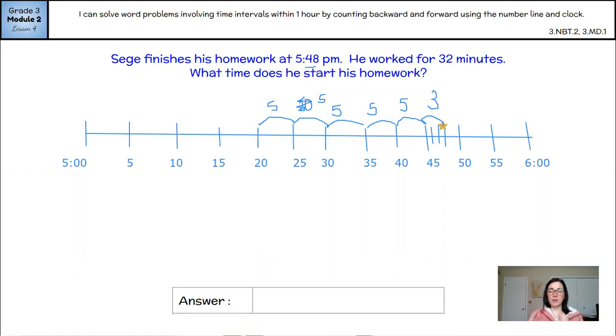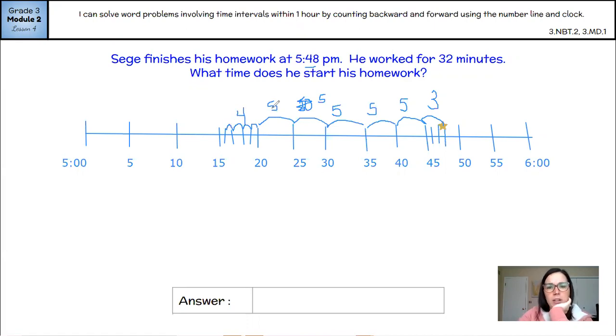So I have to ask myself, if I'm at 28, how many more do I need to get to 32? So 28, 29, 30, 31, 32. 4 minutes. Okay. So I go 1, 2, 3, 4. Pencil and go 1, 2, 3, 4.